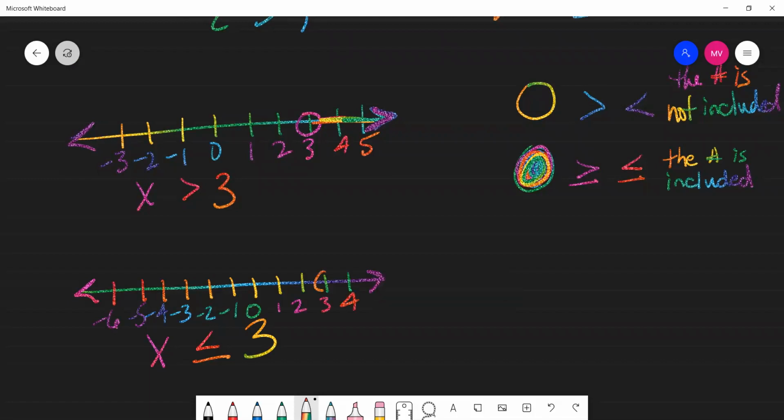So is the 3 closed or open, if it's x is less than or equal to 3? Is 3 included as a possible solution? Yes, so we would use closed. And then draw our line to the left to smaller values, because 3 is included in your solution. So that's what they're showing us here for example 3.